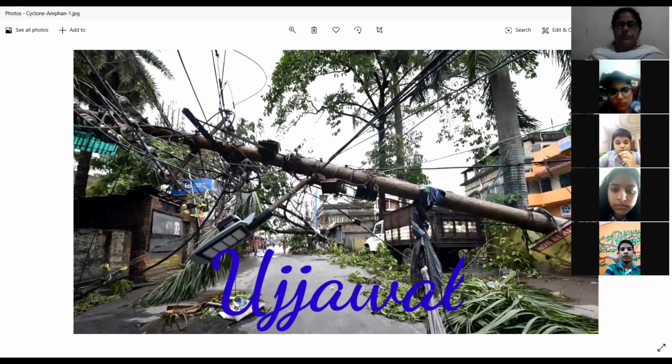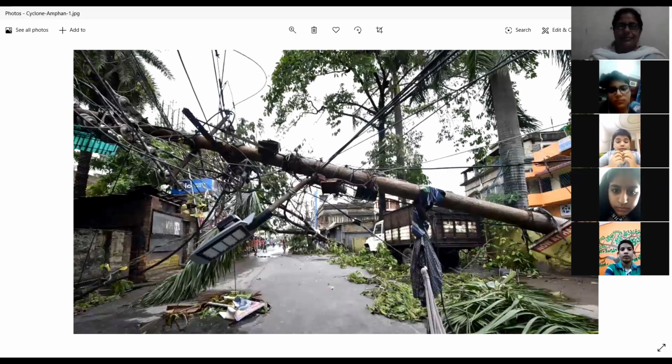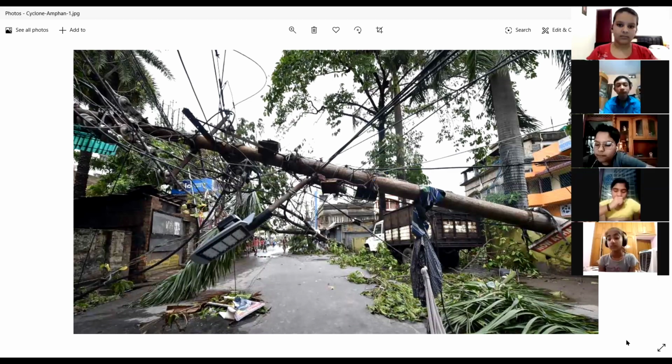Describe this picture, and the name of this picture is a recent storm. As you all know, this is the monsoon season, and before it there was a cyclone named Amphan, which came in the Bay of Bengal, and it hit Odisha and West Bengal, and it caused very severe damage to West Bengal.